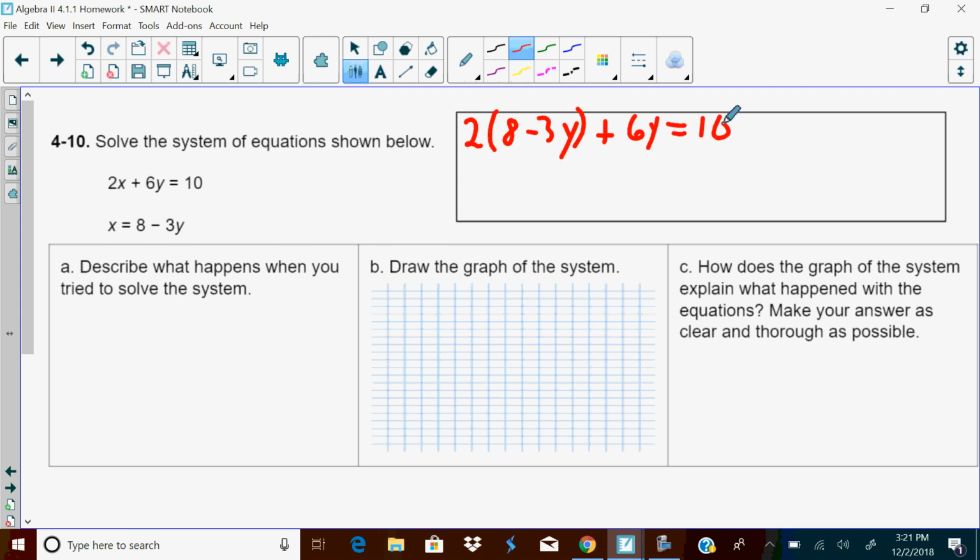And then I'm going to get 16 − 6y + 6y = 10. The y's cancel, so I get 16 = 10. So there's no solution.